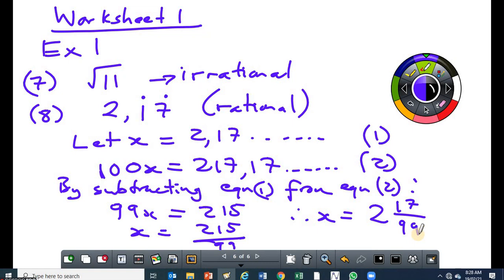You should know that 99 times 2, that will give you what? 198. Subtract 198 from 215, you get 17. That 17 will be your numerator and the 99 will be your denominator. Then you've got your whole number there. That's a 2. Okay? No calculator used.